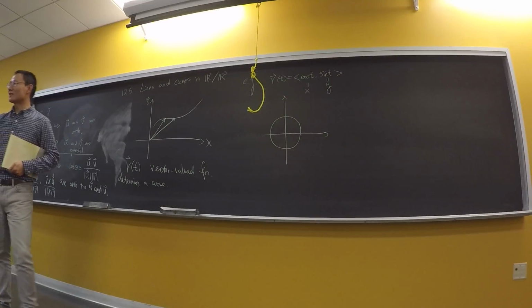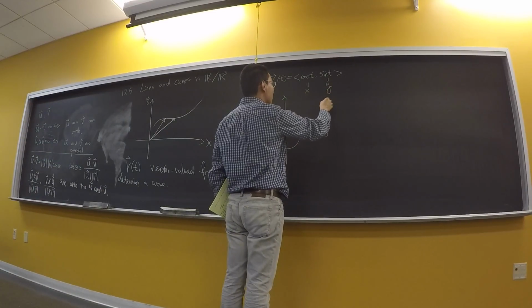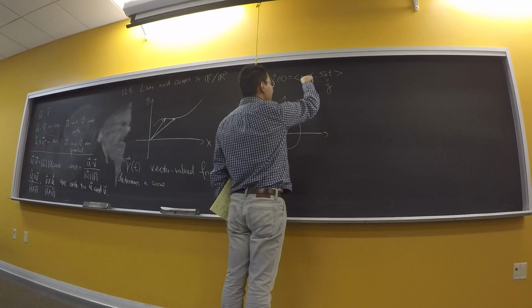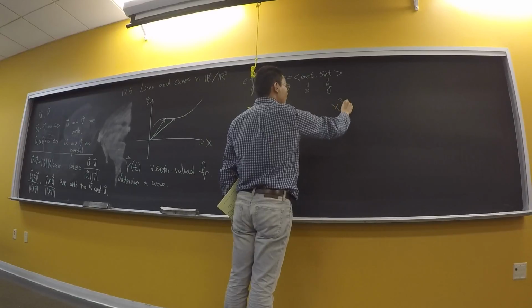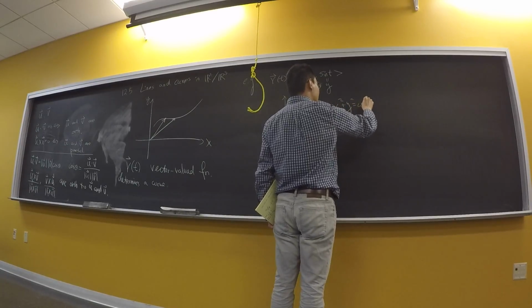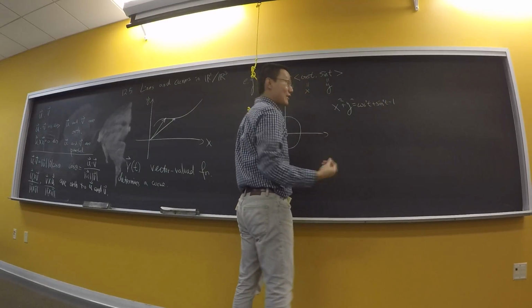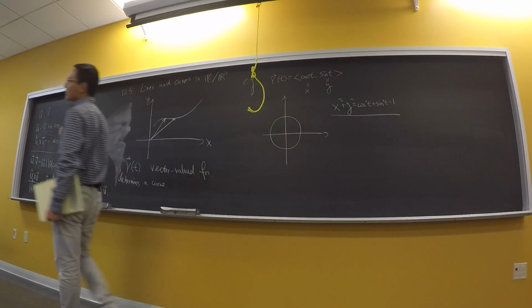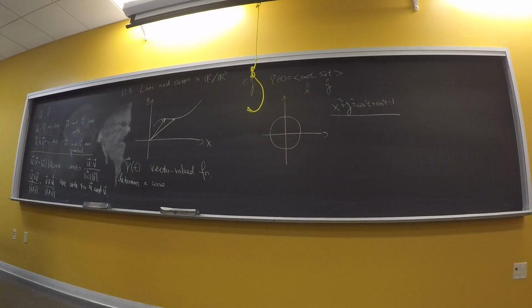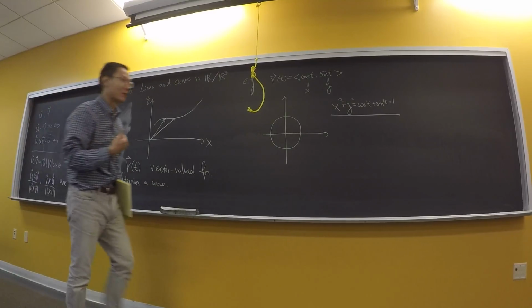Sine squared plus cosine squared is equal to 1. So this is the x component, this is the y component. If I want to eliminate t, I just square both and add them together. I'm getting x squared plus y squared is equal to cosine squared t plus sine squared t, which is just equal to 1. And you definitely have seen this equation before, right? So x squared plus y squared equals 1 is going to determine the unit circle.